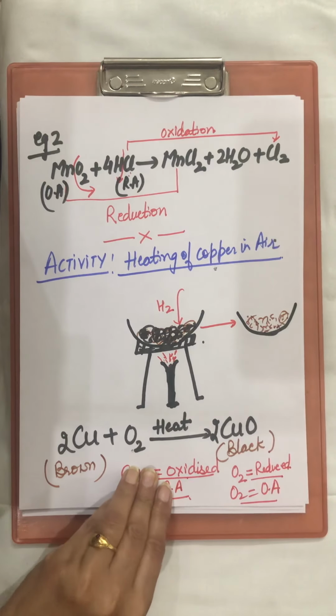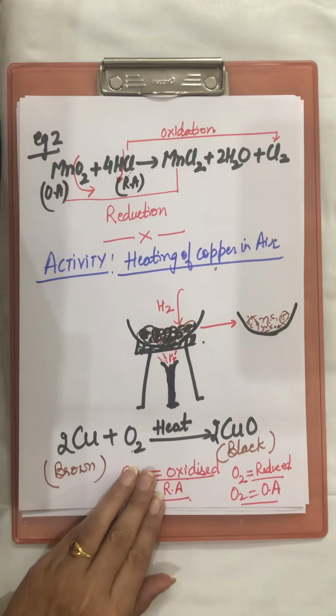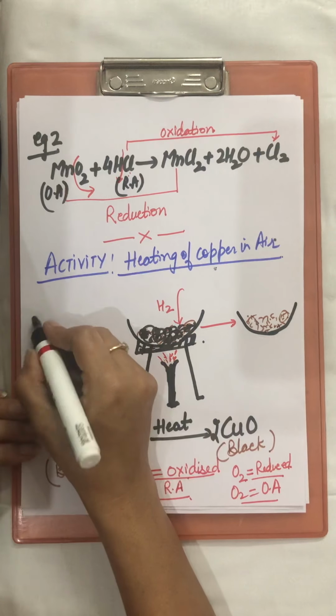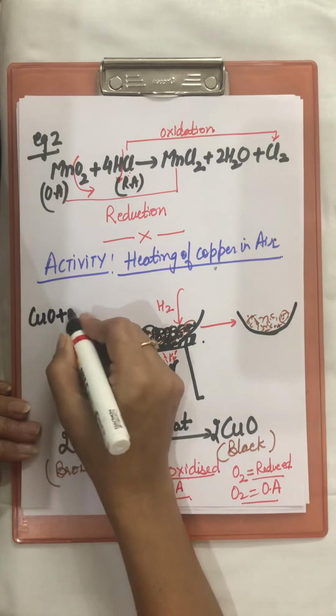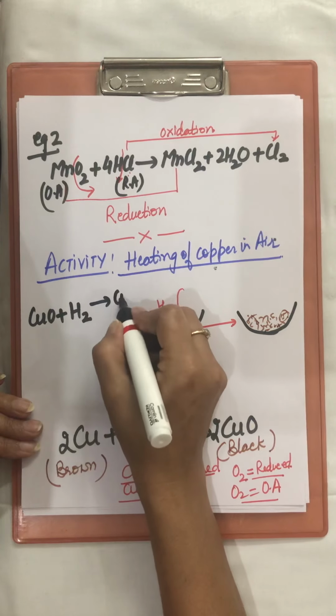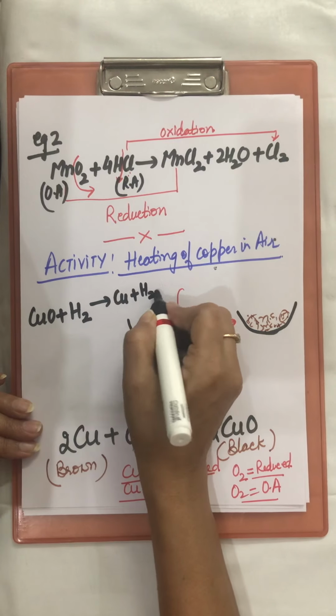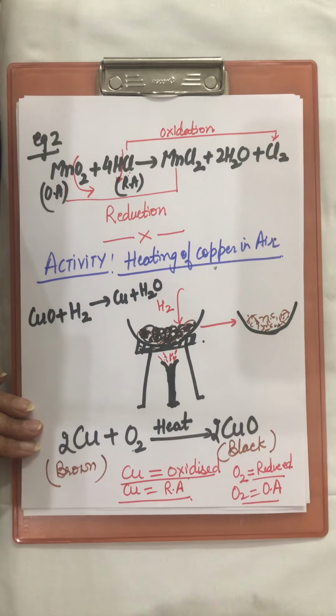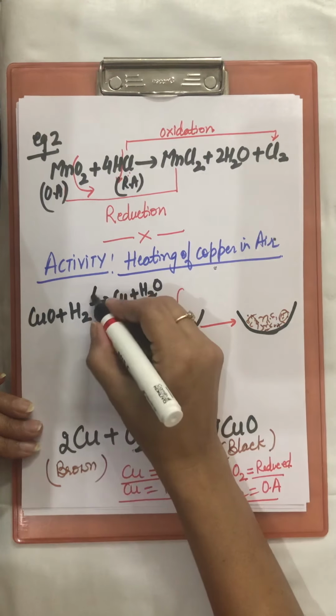What happens on passing hydrogen to the copper oxide formed here? Copper oxide, when we pass hydrogen, changes to copper and water. This reaction will take place here on heating.